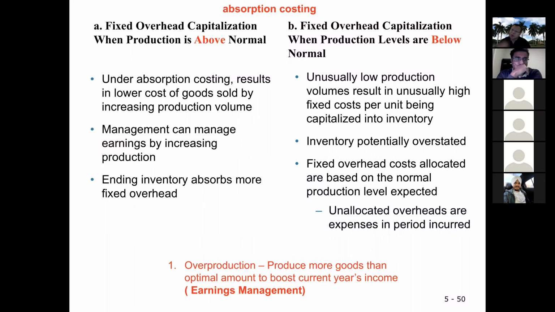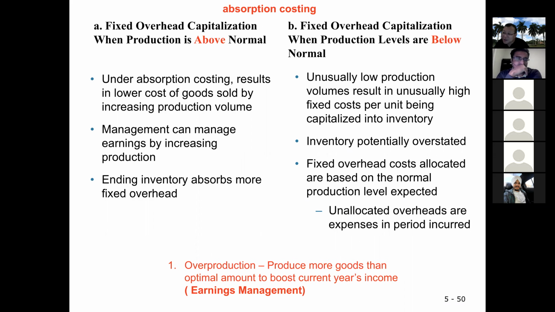When you produce more, it doesn't mean you can sell more. The sales depend on the demand from the market, so you still sell the same amount of items. You end up with a large ending inventory if you overproduced.